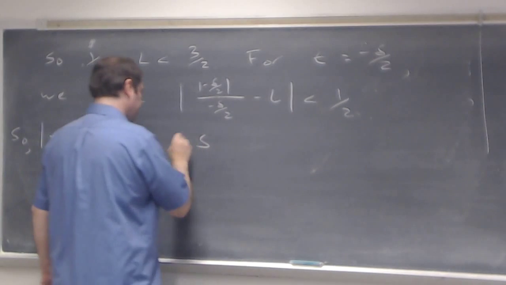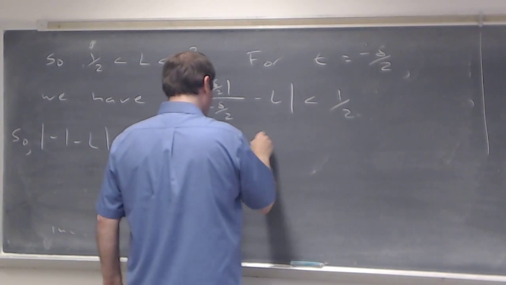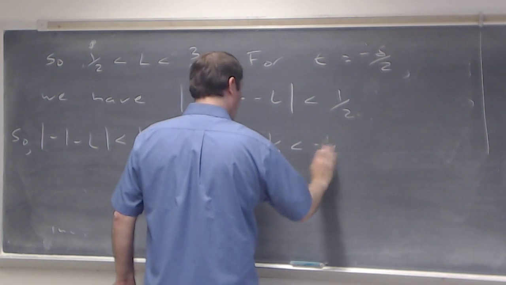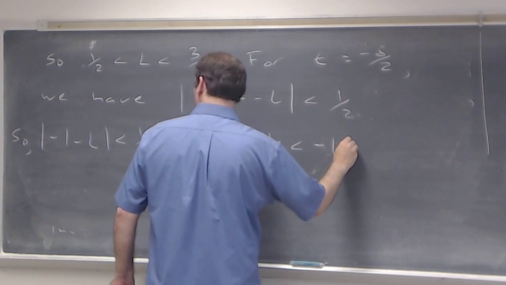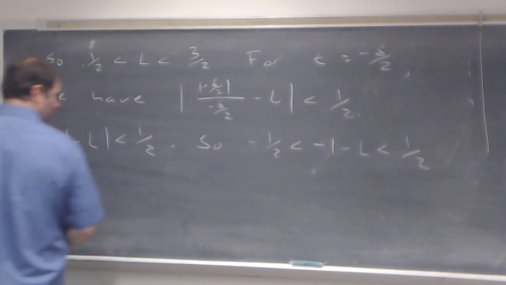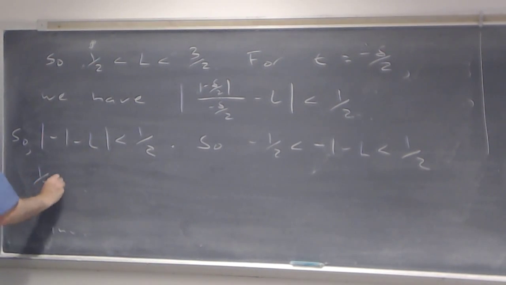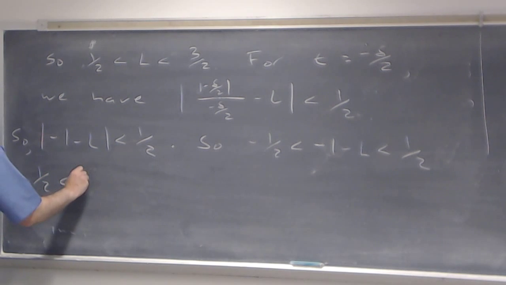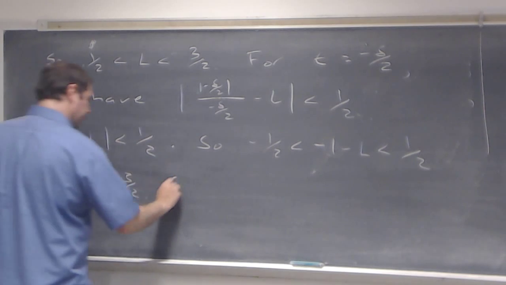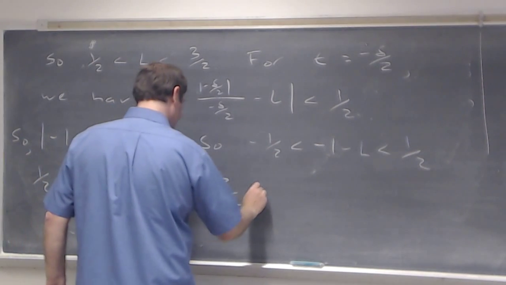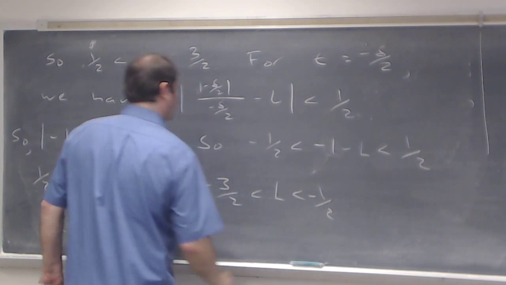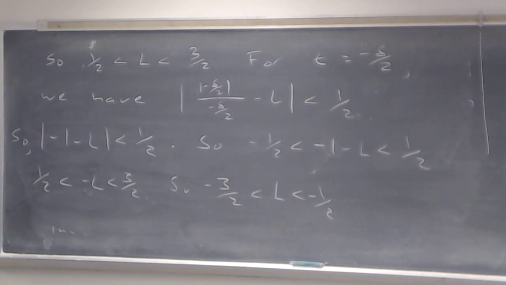And that tells us that minus 1/2 is less than minus 1 minus L, which is less than 1/2. Again, we want to solve for L. I add 1 to both sides. That says 1/2 is less than minus L, which is less than 3/2. And so that says that minus 3/2 is less than L, which is less than minus 1/2. Okay.